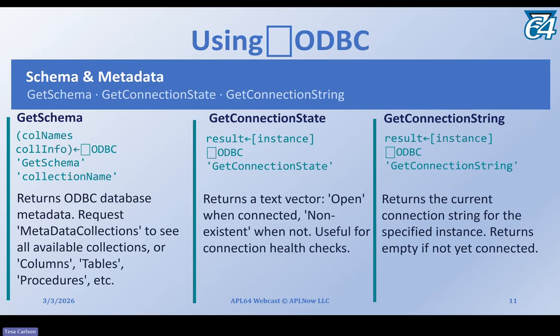The get connection string action also applies to the quad ODBC instance. The result is the ODBC connection string, if any, associated with the specified quad ODBC instance. You can use the open action to set the connection string.